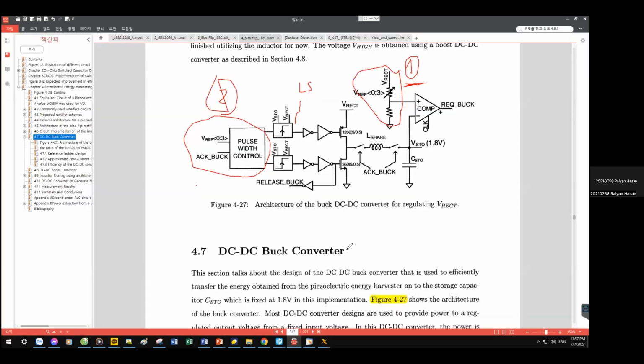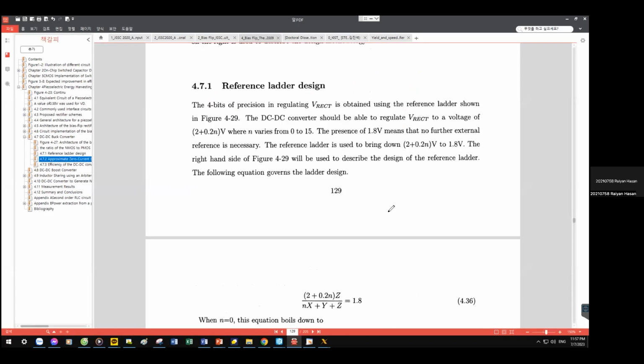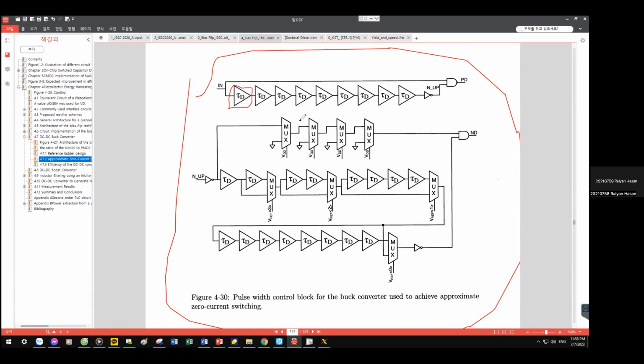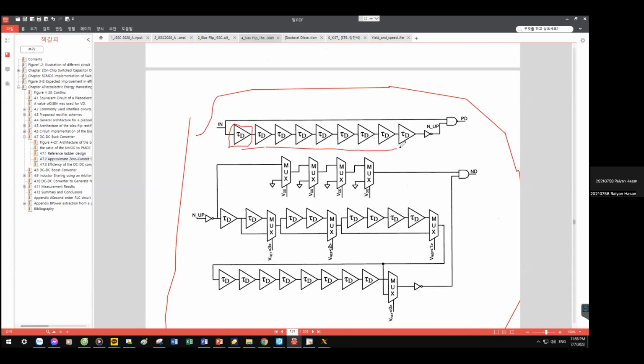That is a delay, and then you can make this circuit, right? You know where the not gate is, right? Yes.